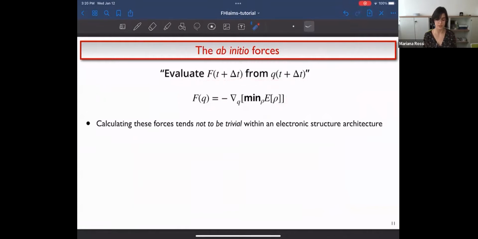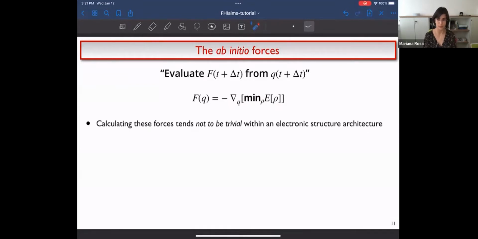What does that mean? It involves calculating the gradient, minus the gradient, of this minimized energy, which in DFT would be finding the density that minimizes this energy functional of the density here. So it involves solving the full electronic problem at those fixed positions of the nuclei at that time step, and also calculating these forces in an ab initio code is usually not so trivial, because of the full architecture of codes that we have.